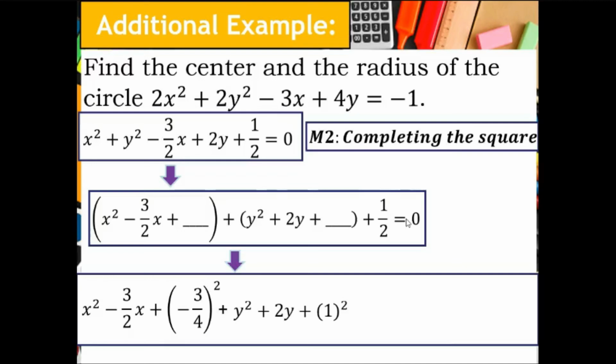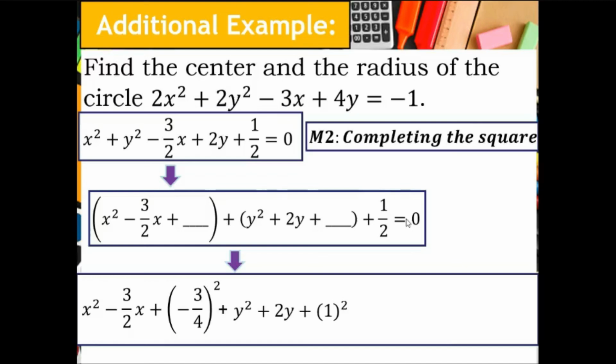We can again factorize this one in the form square of y minus k. And since we have added negative 3/4 squared and 1 squared, we must subtract them to make the equation still balanced and equal to 0.